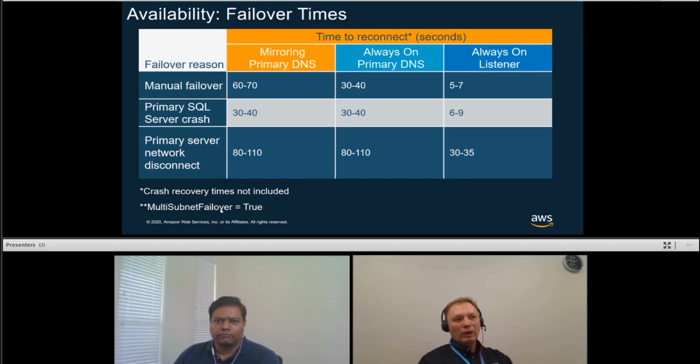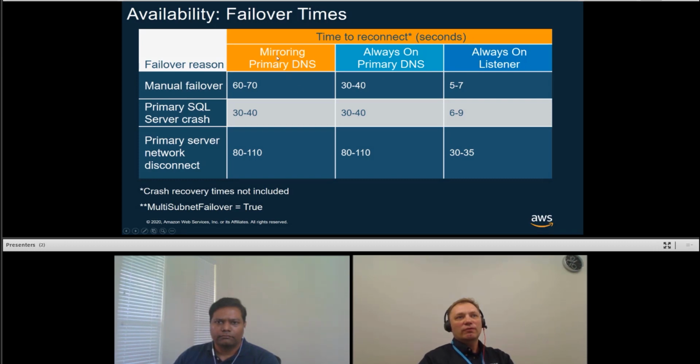And if you enable MultiSubnetFailover=True on your connection strings, you can expect the failover time to be single digit seconds. I've seen it as fast as 5 seconds. But then, of course, otherwise you rely on the primary DNS for the Always On failover.